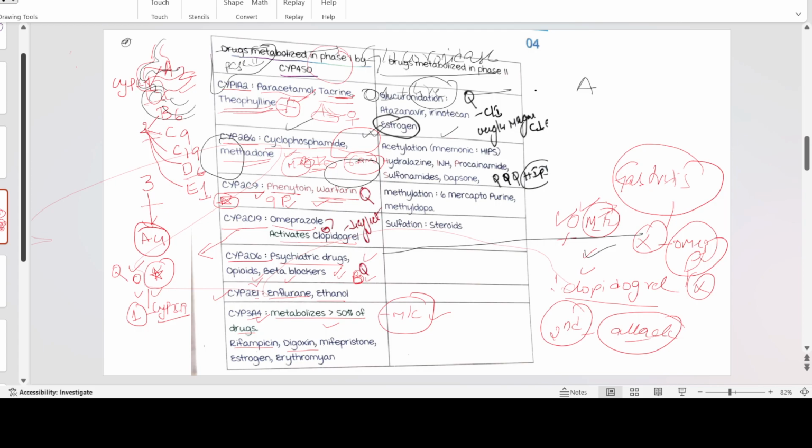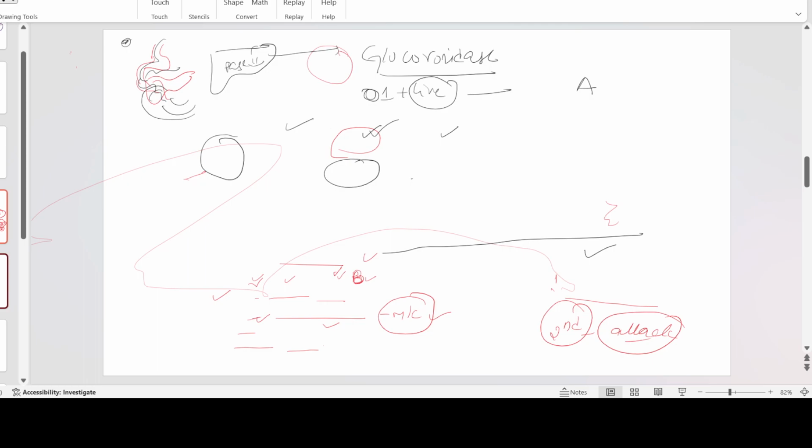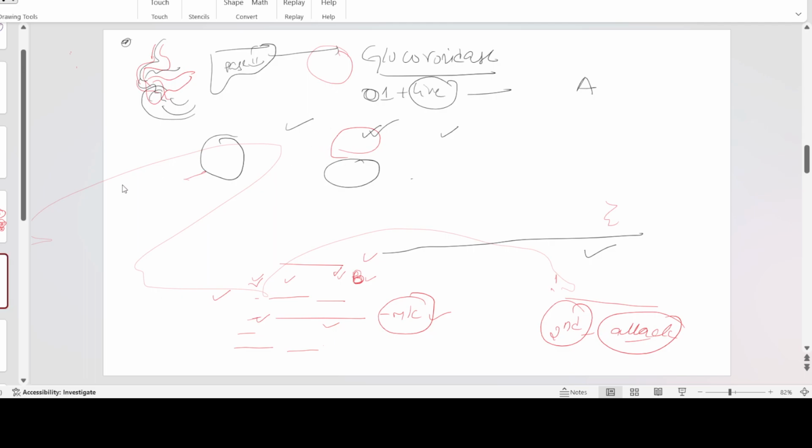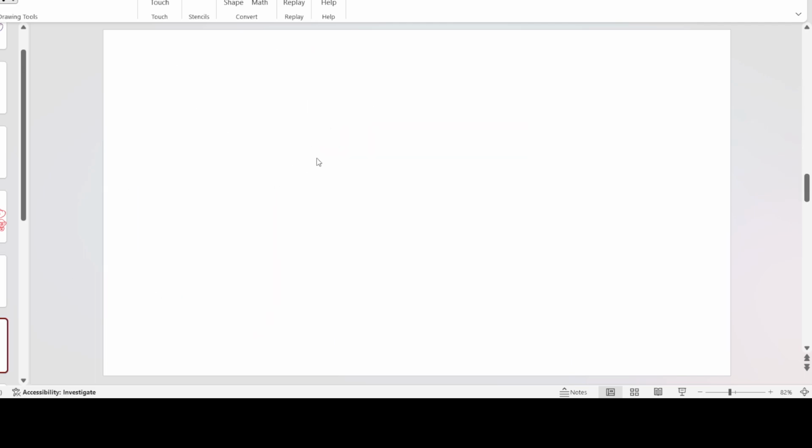Now the next important point written here: atazanavir and irinotecan are contraindicated in Crigler-Najjar syndrome. Glucuronidation is affected in this condition. Atazanavir can cause Stevens-Johnson syndrome, and irinotecan can cause toxicity.